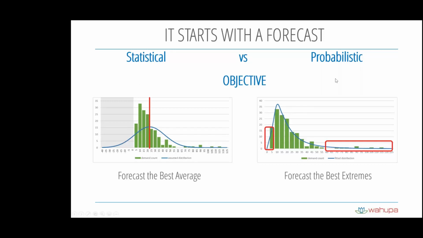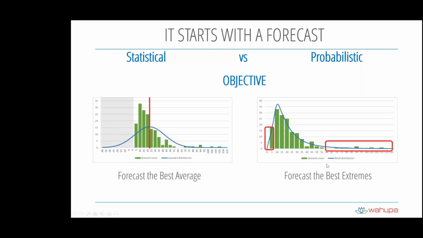So if we again compare the probabilistic to the statistical view of the world, in the statistical view, our main objective is to determine the average quantity. And in a forecast, what we then do is we say, well, what is the variance around that? And assuming that there's an unbiased normal distribution, we can determine what the residual error is. And so that error is indicated here in that blue symmetrical curve.